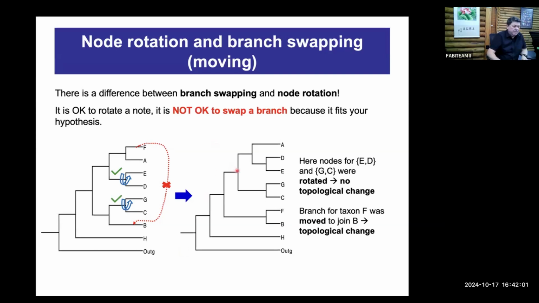Perhaps we can move forward to branch swapping and rotation. So there's a huge difference between branch swapping and node rotation. It is okay to rotate a node, but it is not okay to move a branch.